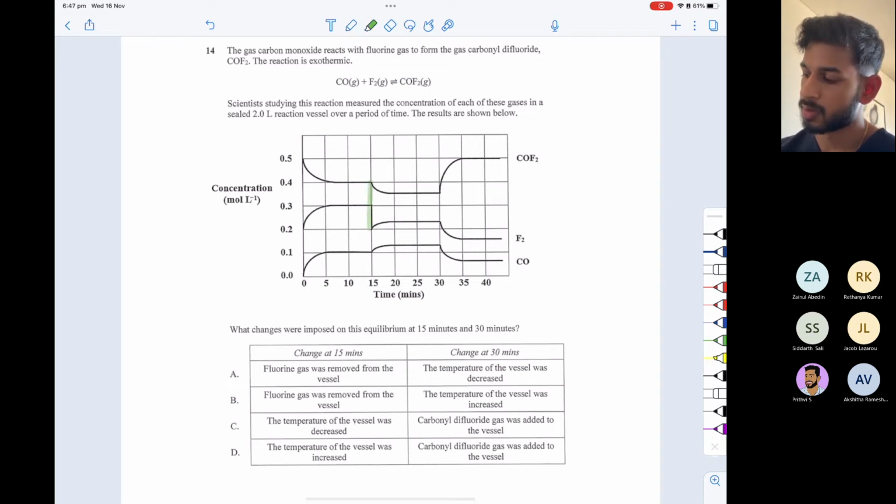Was it the initial stimulus phase? Okay, yes, good. What was the stimulus? A sudden change in concentration of fluorine. Yeah, good.